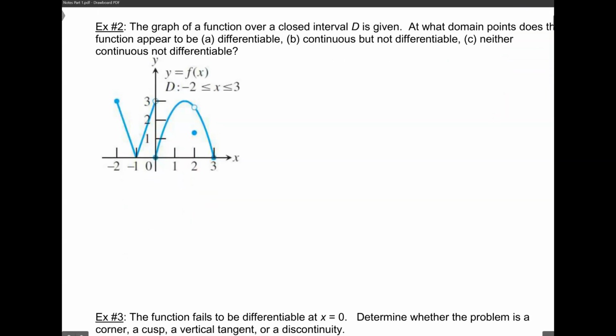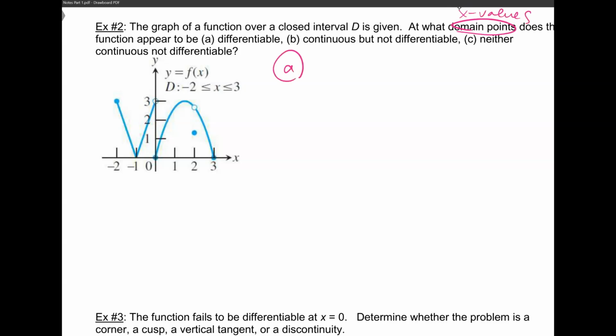Okay. The graph of a function over a closed interval is given. At what domain points does the function appear to be differentiable, continuous but not differentiable, and neither continuous nor differentiable? Literally, I'm asking for the x values. So for A, at what point does it appear to be differentiable?